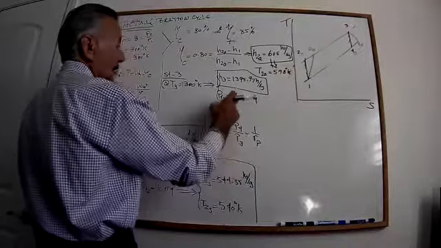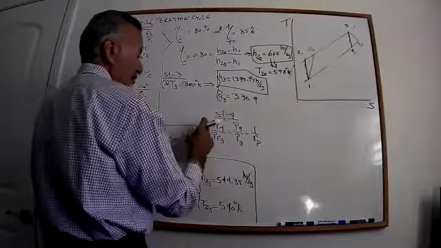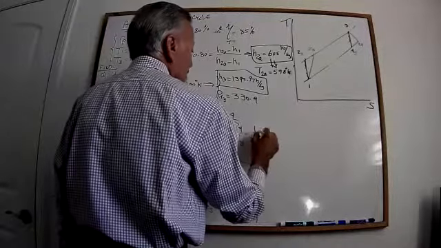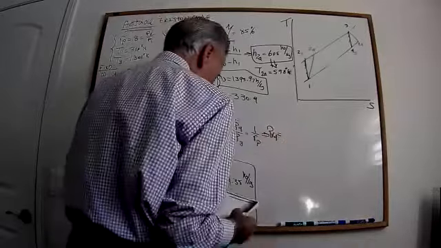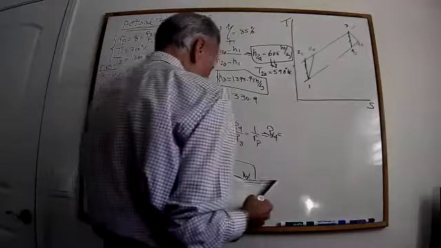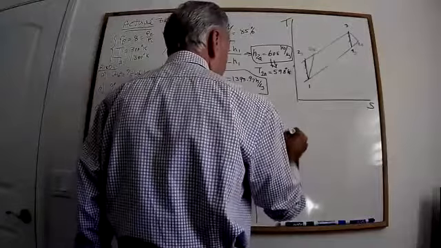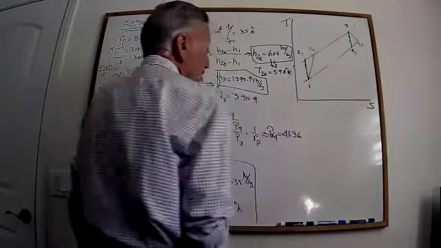That means if I divide PR3 by 8, I will find PR4, which is 41.36.